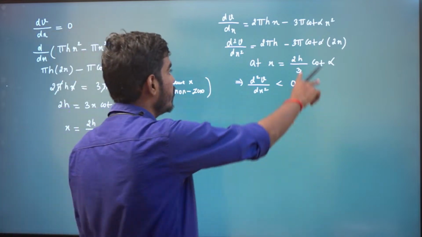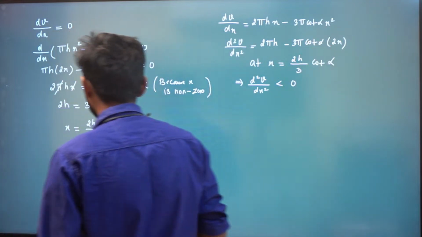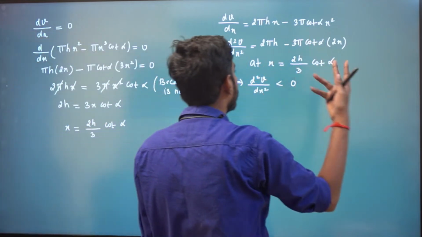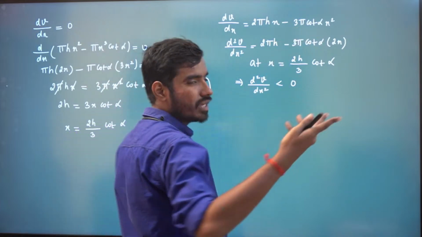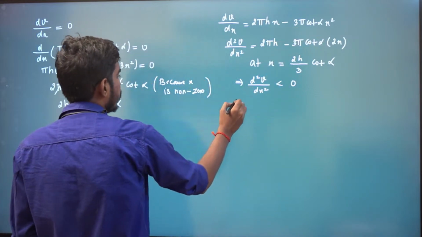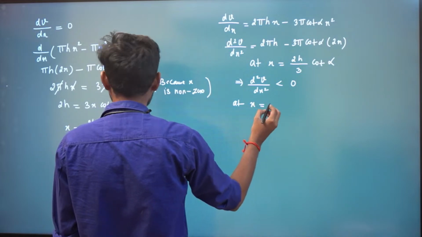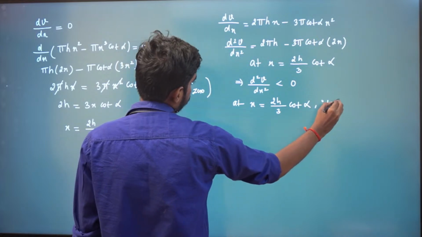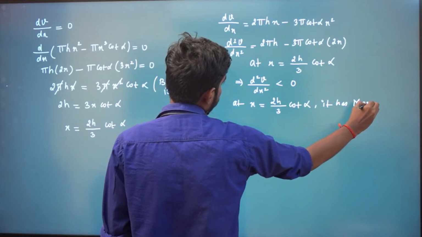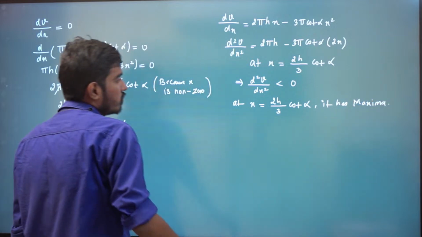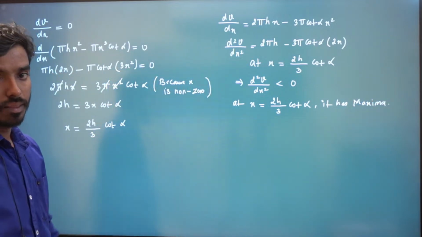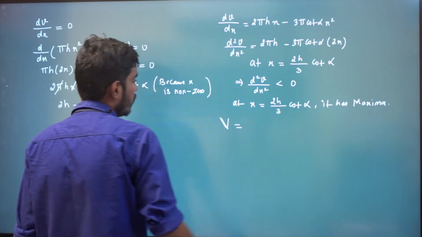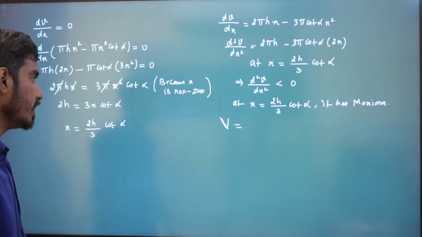Anyway, you substitute and simplify, and obviously you will get less than 0. So at x is equal to 2h by 3 cot alpha, it has maxima. Therefore the volume of the cylinder will be maximum when x is equal to 2h by 3 cot alpha.